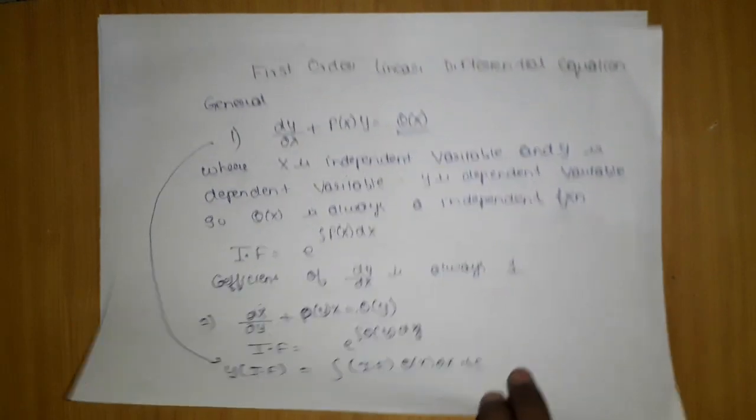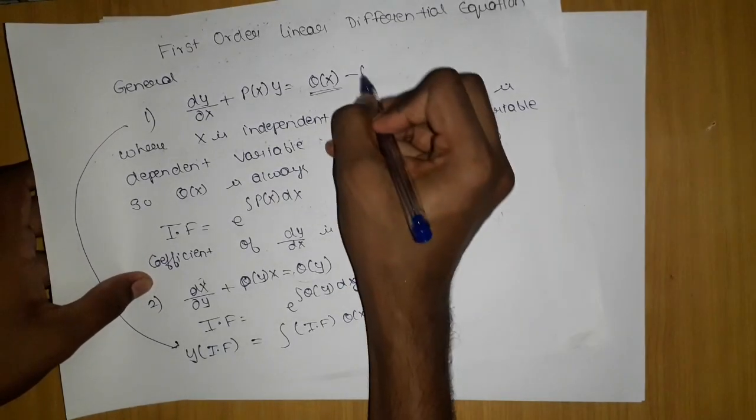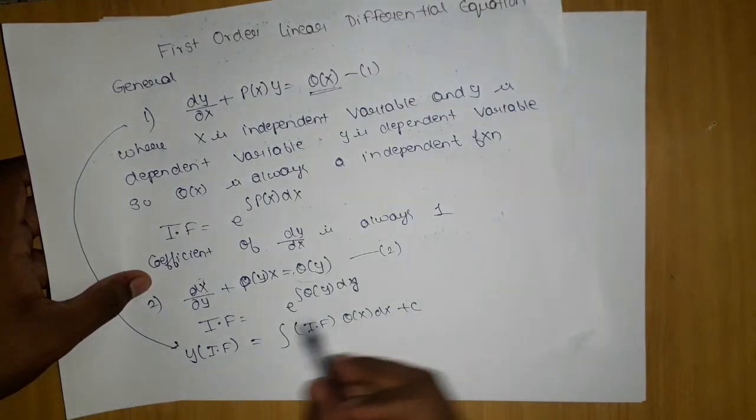This is the first type, and if it is the first type, the solution will be like this.